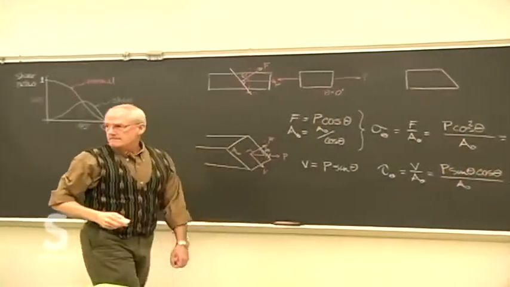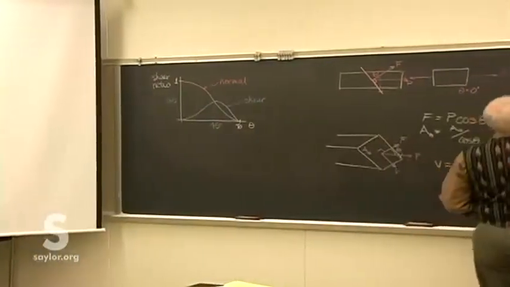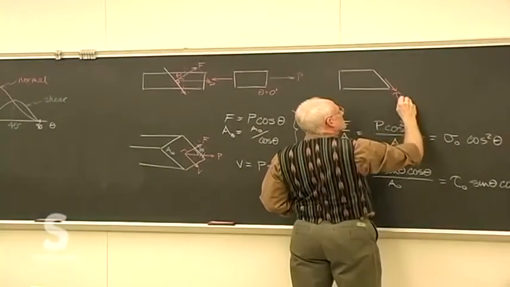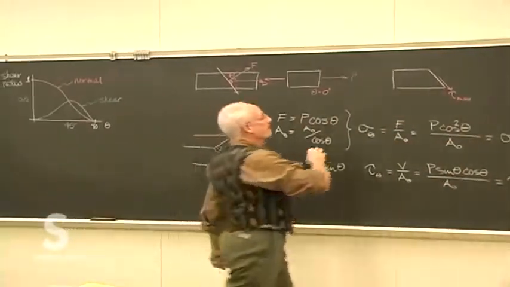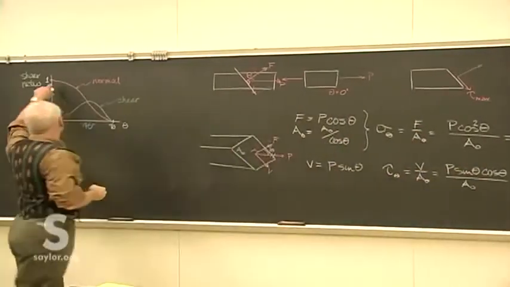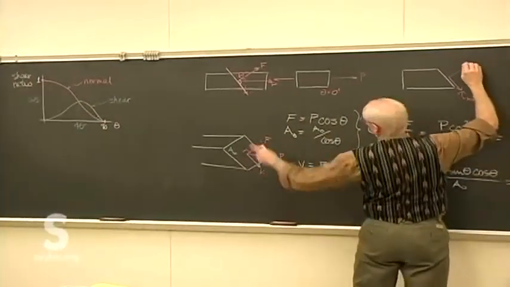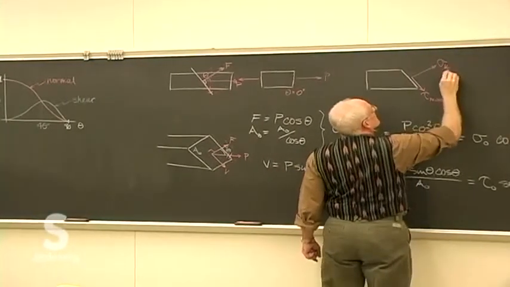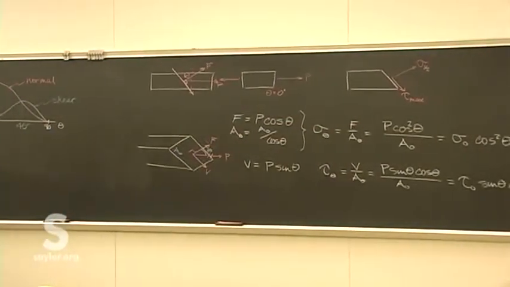So at an oblique angle of 45 degrees, we have the maximum shear response, and we're still at a significant normal of about a half, at least half of what it was originally.